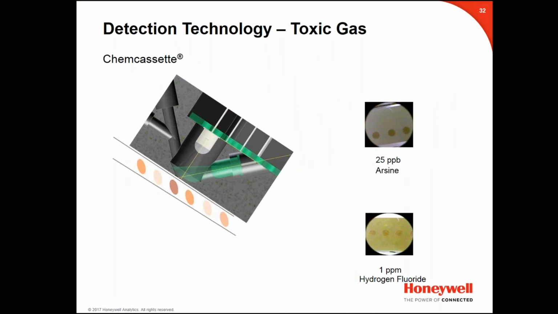Last technology that we're going to talk about, I think it's the last, is ChemCassette, or what's called paper tape technology. Okay, it's based on the use of an absorbent strip of filter paper acting as a dry reaction substrate. So this performs both a gas collection and a gas analyzing media, and it can be used for continuous monitoring.